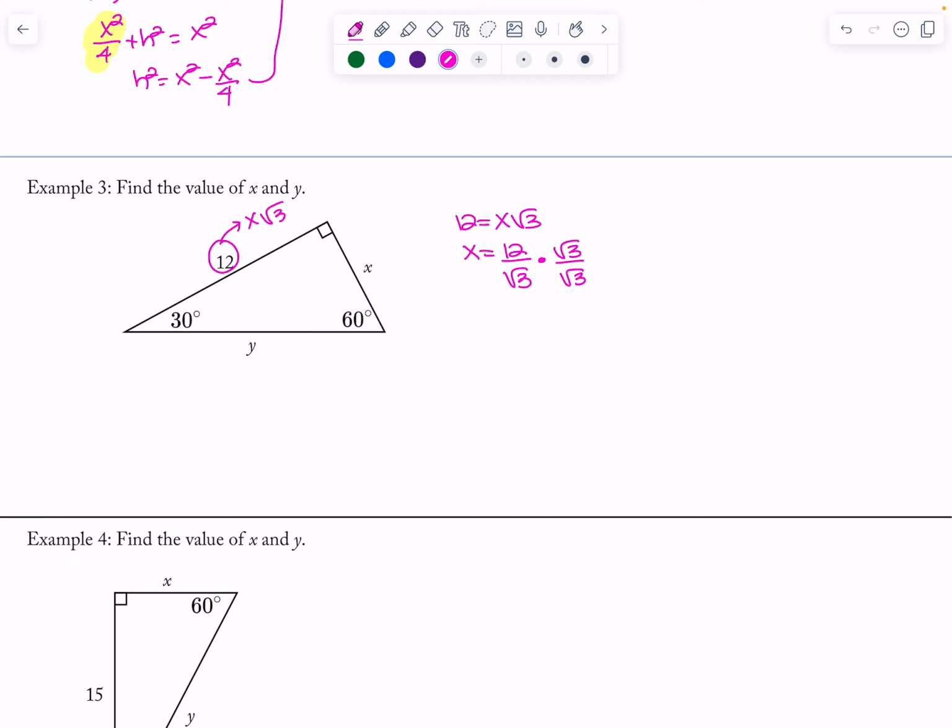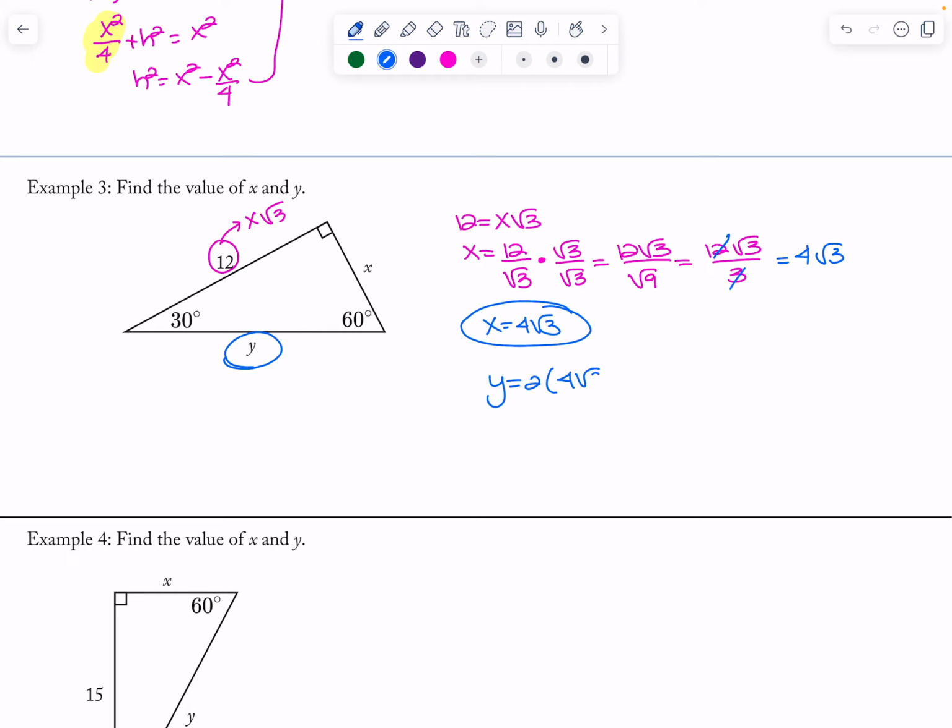Fancy 1. It's root 3 over root 3. So I get 12 root 3 over the square root of 9. Square root of 9 is 3, so 12 root 3 over 3. And then my 12 and my 3 reduce, so I get 4 root 3. So that's my x. So x is equal to 4 root 3. And then to find y, I just have to double x. So y is equal to 2 times 4 root 3, which is 8 root 3. So y is 8 root 3.